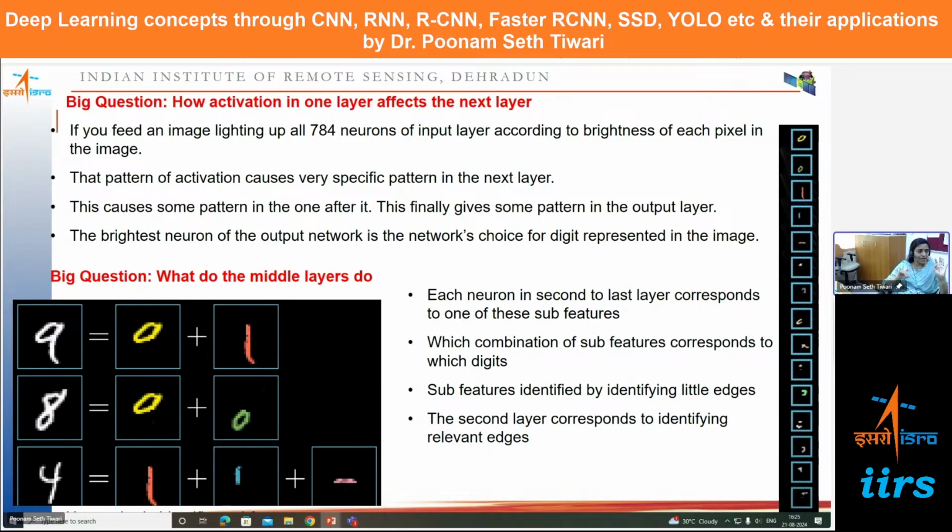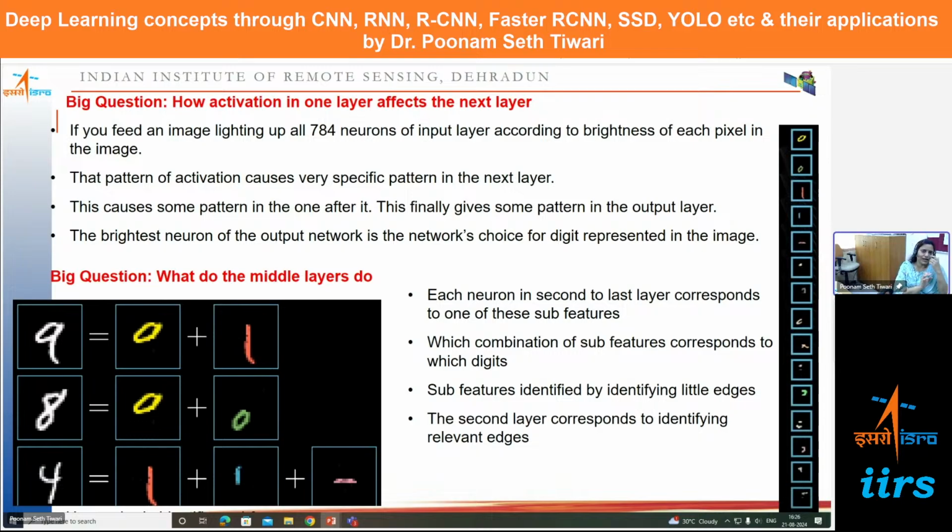The number 8 will have two circles. Like this, our brain and also the neural network is able to understand that if there is one circle and one line, that means it is number 9. We'll see how the middle layers are doing this.